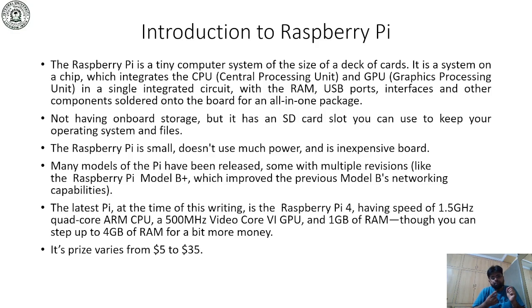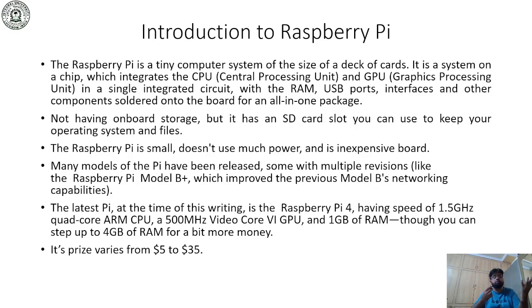The next point is that many models of the Pi have been released, some with multiple revisions, like Raspberry Pi model B Plus, which improved the previous model B's networking capability. On the next slide I will show the different versions or revisions of the Raspberry Pi module. The latest Pi at the time of this writing is the Raspberry Pi 4, having a speed of 1.5 gigahertz.